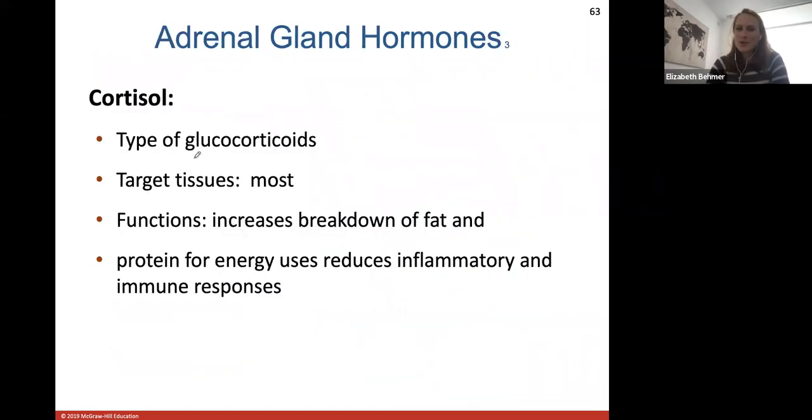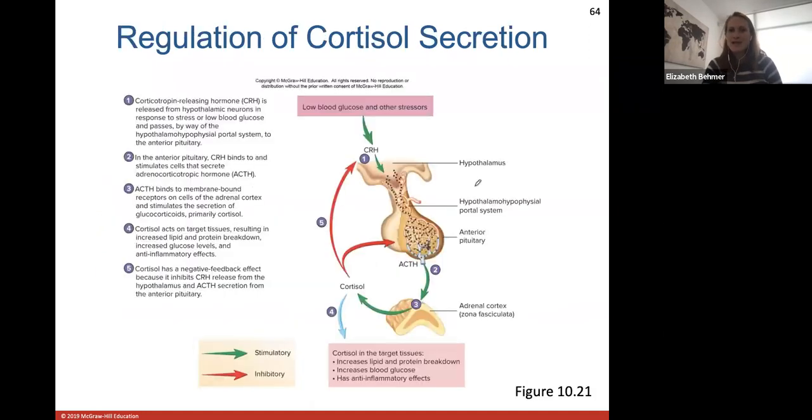Cortisol is a type of glucocorticoid that targets most tissues. It functions to increase the breakdown of fat and protein to use for energy and to try to reduce the inflammatory and immune response. So that's what cortisol does. And here's regulation of cortisol secretion. Pretty much if you have any low blood glucose levels or other stressors, that will encourage adrenocorticotropic hormone to release cortisol.